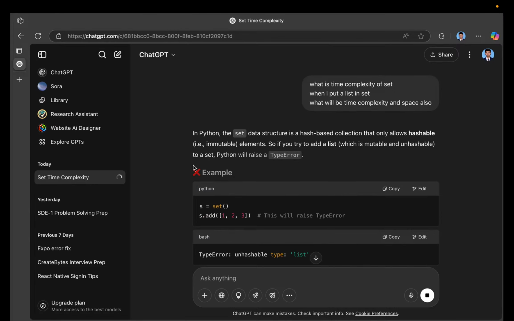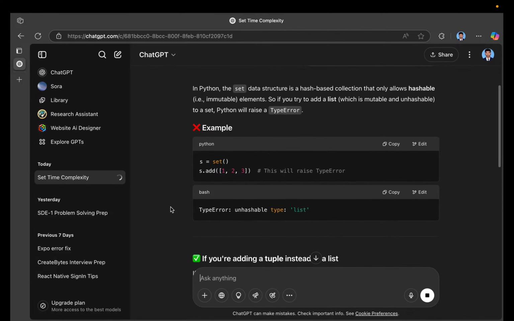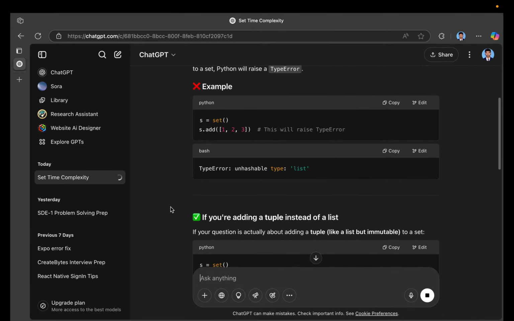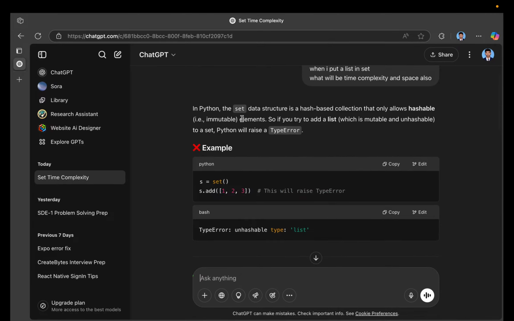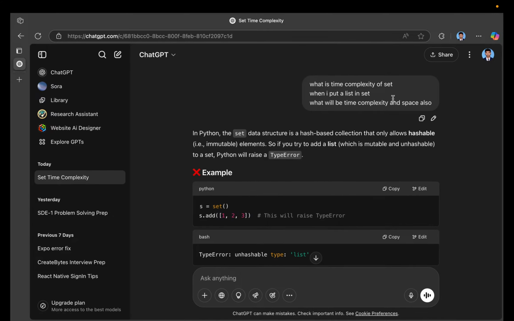Okay, okay. Example: set add one. No, I'm not trying to add. I'm converting. It's not understanding what I'm trying to ask.